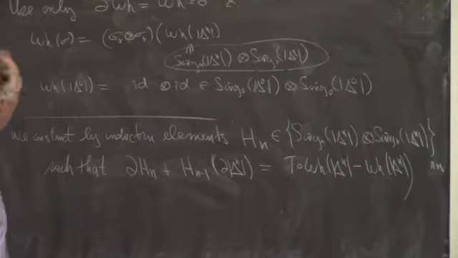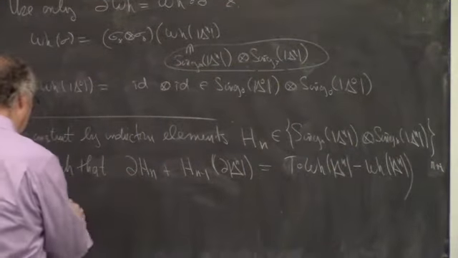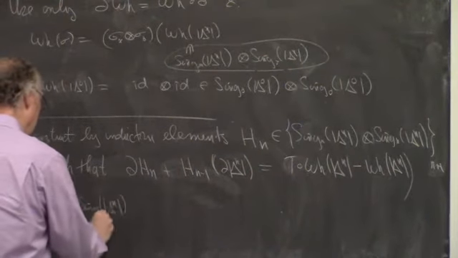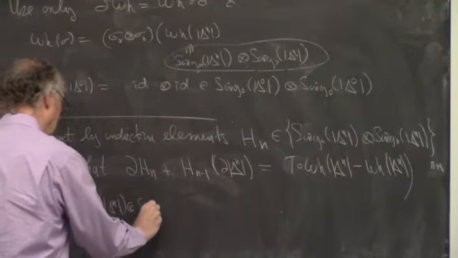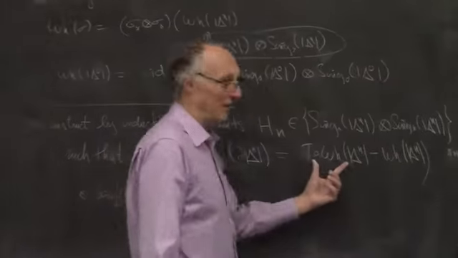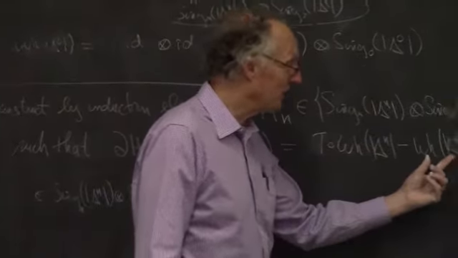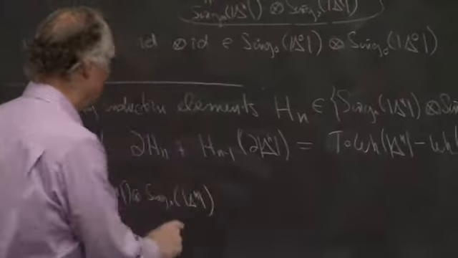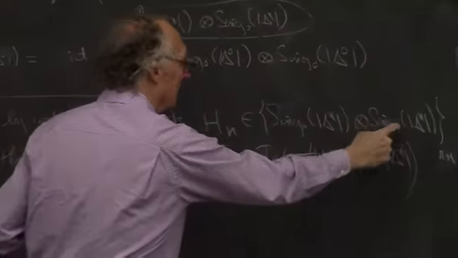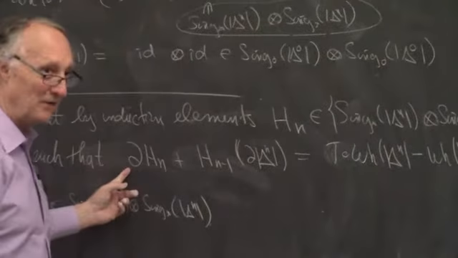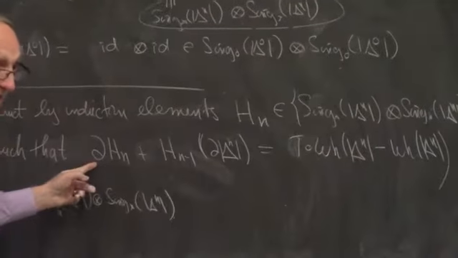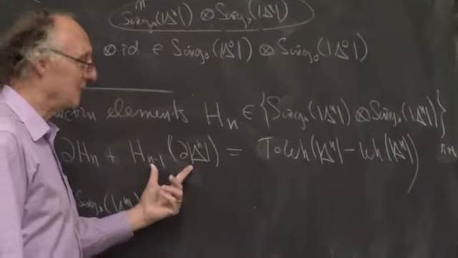So I think this is a formula inside singular delta n tensor singular delta n. That's where this lies. H n is an element in singular tensor singular of degree n plus 1. When you take its boundary, you'll get something in singular tensor singular in degree n. So this one lies there. The only thing that needs any explanation is this one.